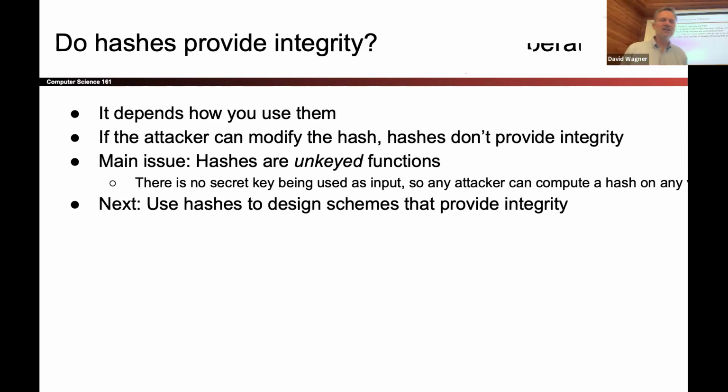So the fix is we're going to next introduce something that's like a hash function, but has a secret key. If it did depend on a secret key, this problem would be solved, because only Alice would be able to compute the hash with the correct secret key, and Mallory wouldn't know the secret key, so wouldn't be able to compute things. So that's the intuition.